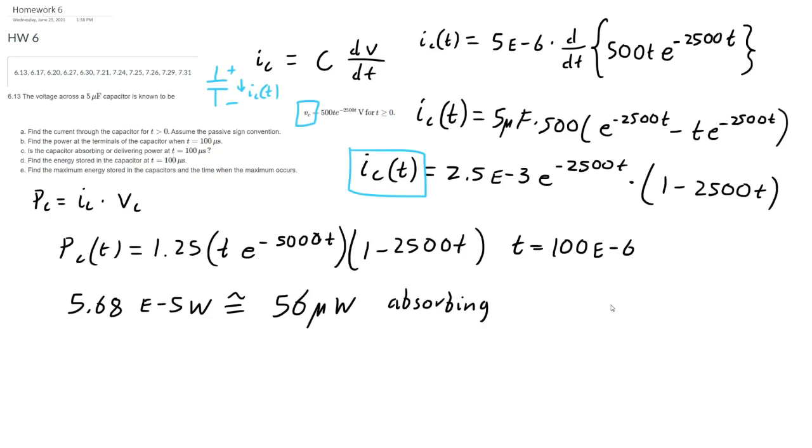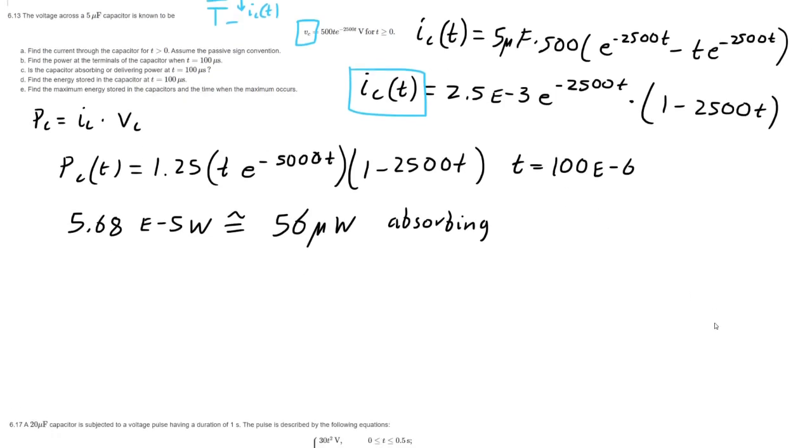To find the energy stored, we're going to use another equation. It's work equals 1/2 C, the capacitance, times the voltage across the capacitor squared.